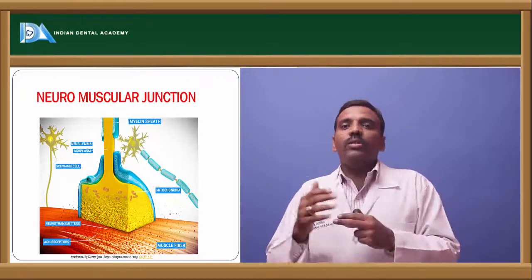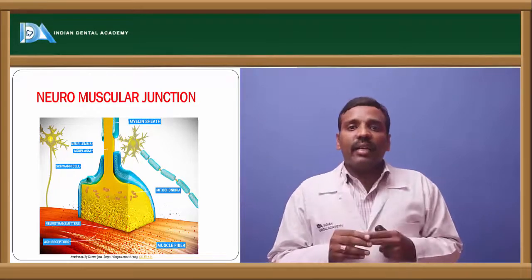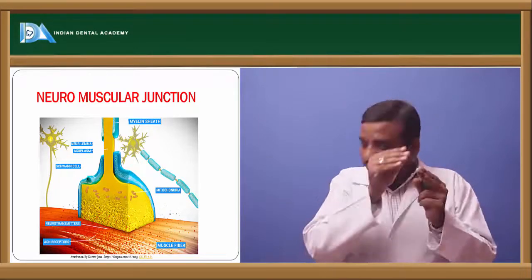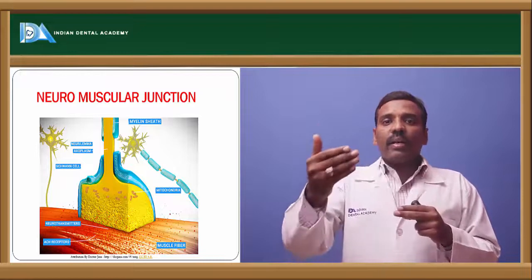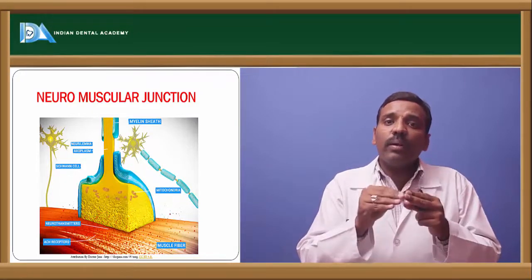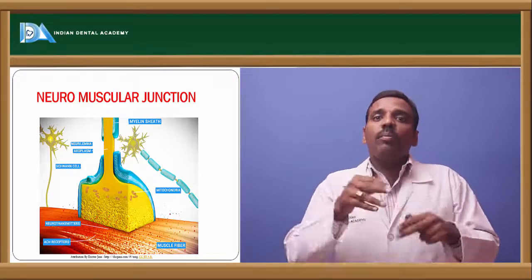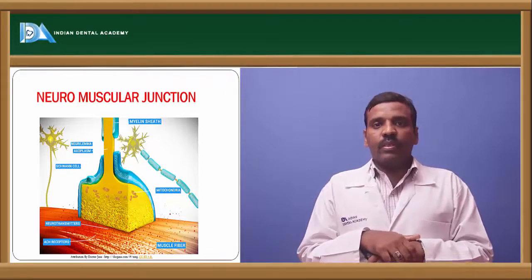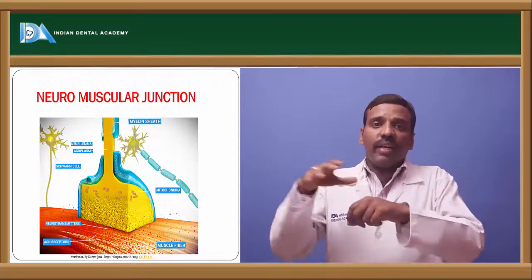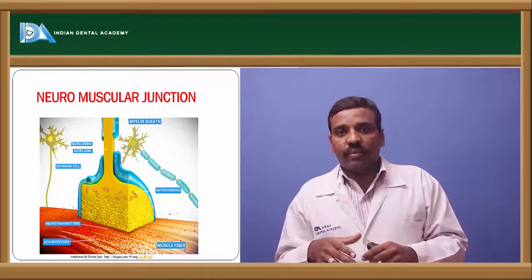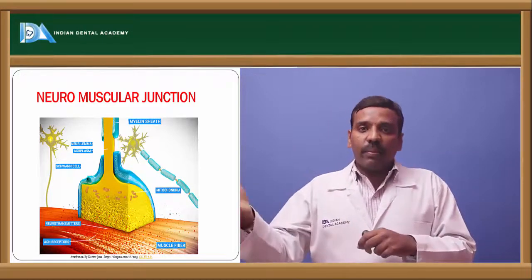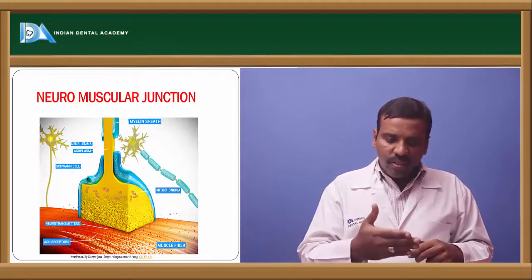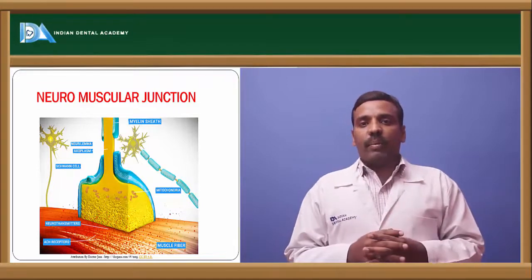The synaptic cleft is the gap between the presynaptic membrane and the postsynaptic membrane. The postsynaptic membrane is nothing but the muscle fiber. In between these we have the synaptic cleft.